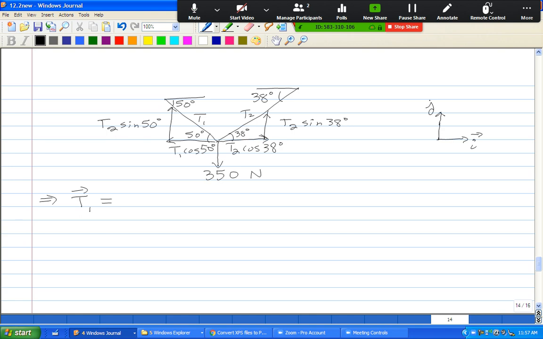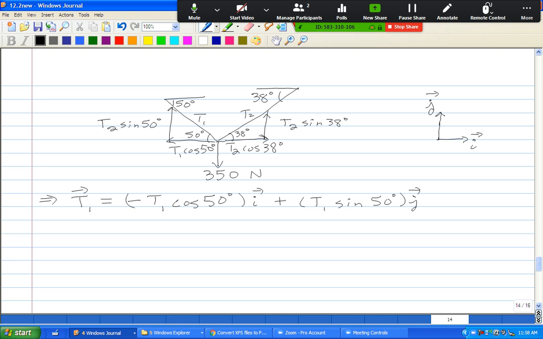This is going in the opposite direction here, so this should be minus T1 cosine 50 degrees times i plus, the other component, going in the same direction as j, T1 sine 50 degrees j.